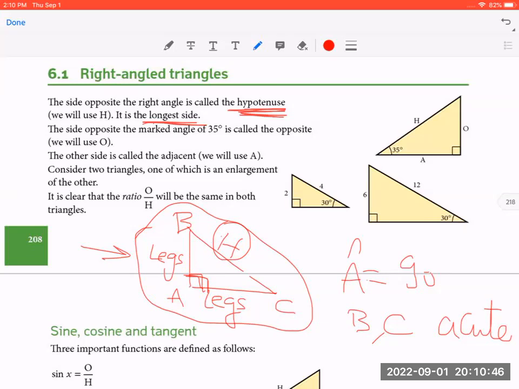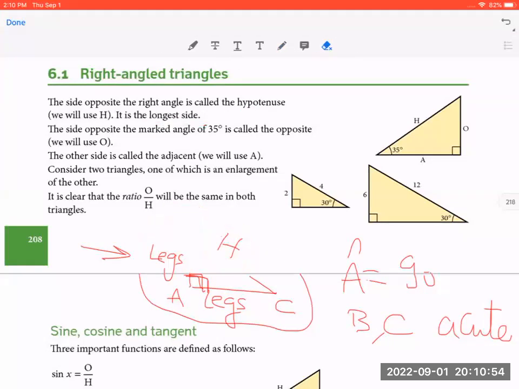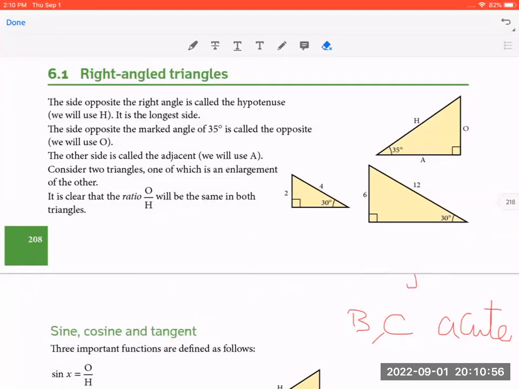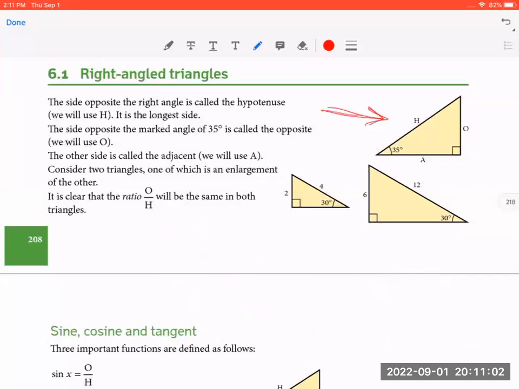Now let us speak about the angles inside the right angle triangle. I'm going to erase this one. If this angle is 90 and this angle is 35, can you tell me the value of this angle?